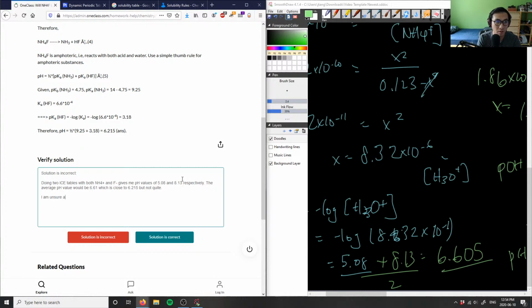I am unsure about the formula you used for amphoteric substances, where pH equals half times the sum of pKa values. So I'm just saying the solution here is incorrect.